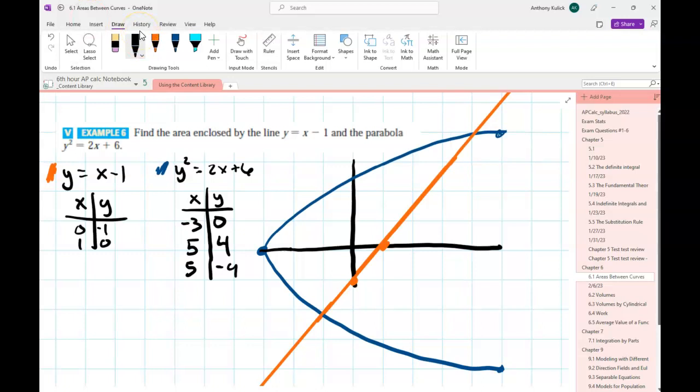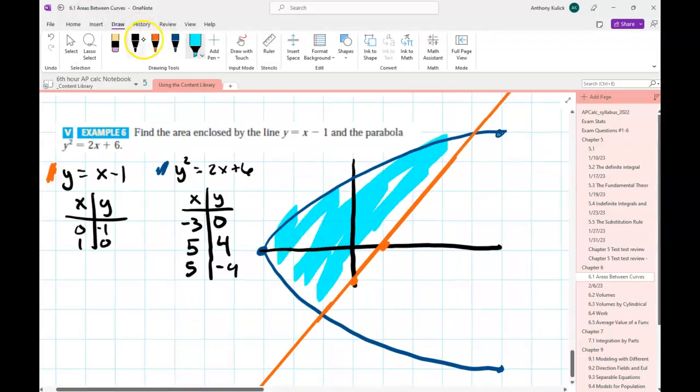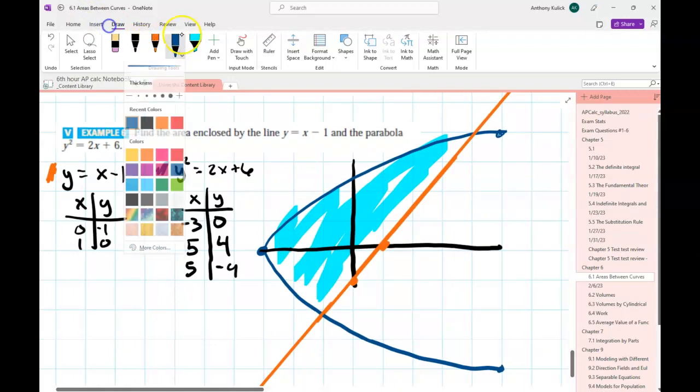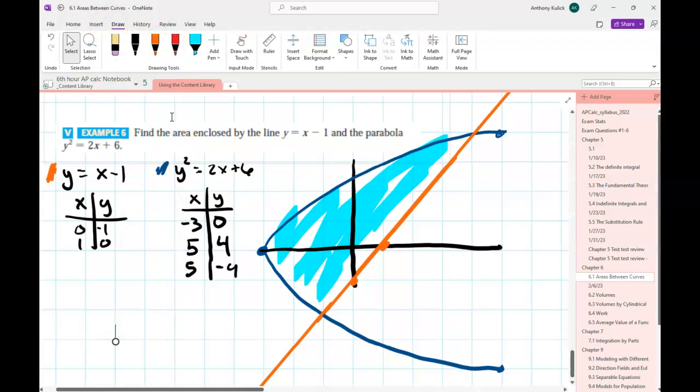All right, and we're looking then for this region in here. Everybody agree? All right, let's find those points of intersection.